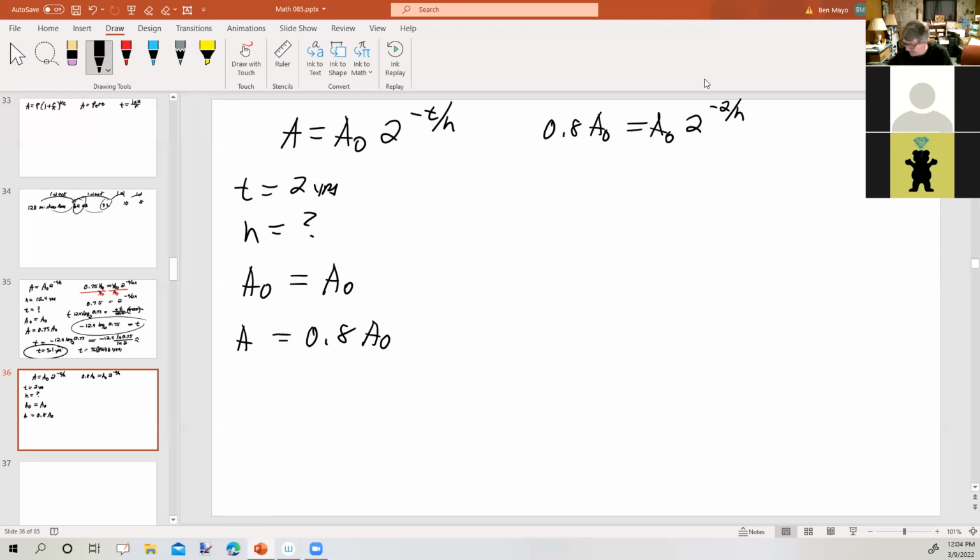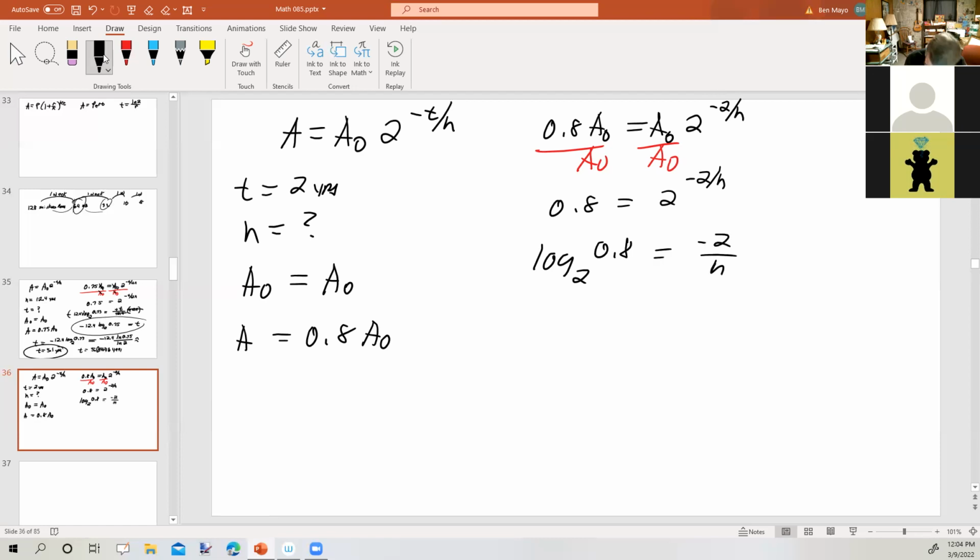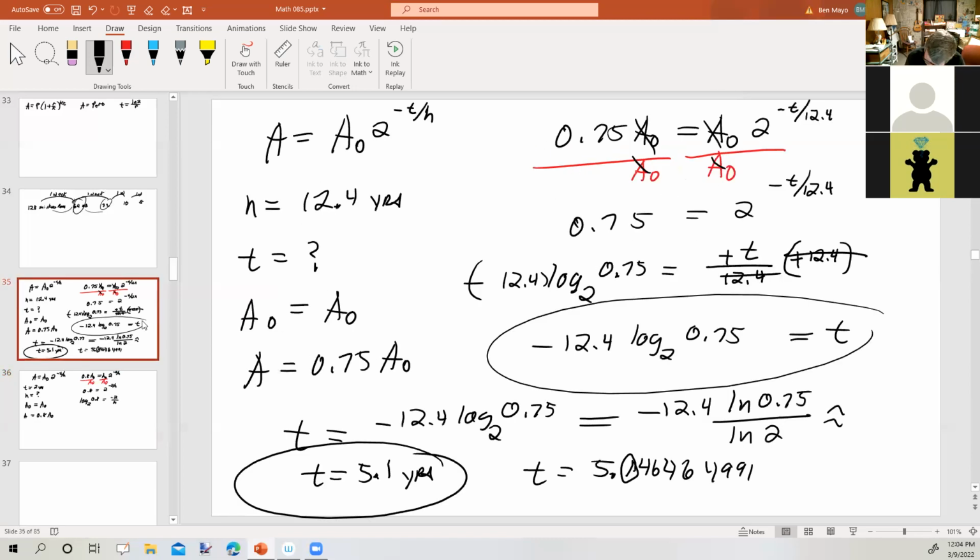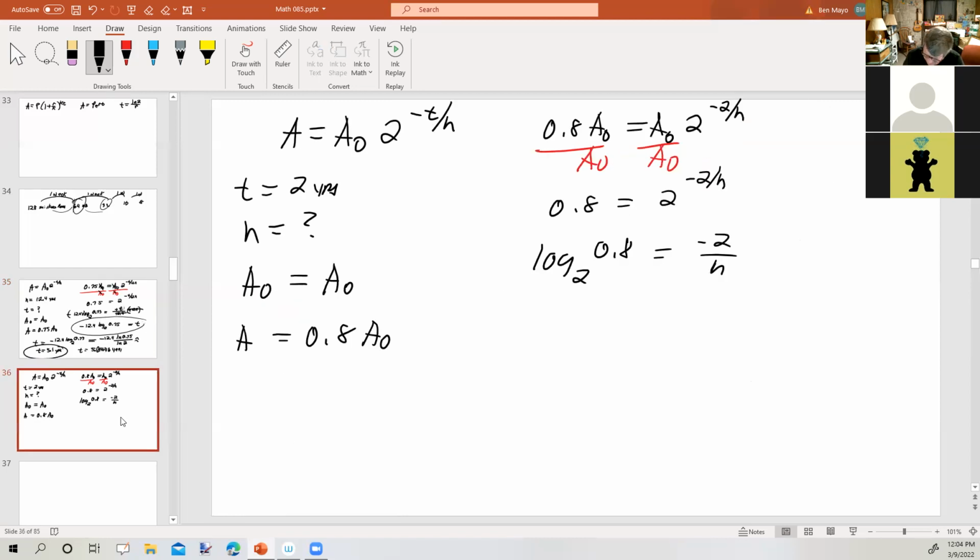If I'm going too fast, let me know. I can slow down. We're going to divide both sides by a sub 0. So 0.8 equals 2 to the negative 2 over h power. I'm going to change that to a logarithmic equation. Log base 2 of 0.8 equals negative 2 over h. Well, in the last problem, we were trying to solve for t, which was in the numerator, and that made things much nicer.